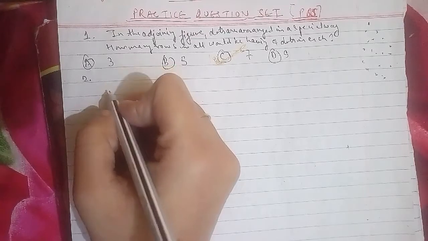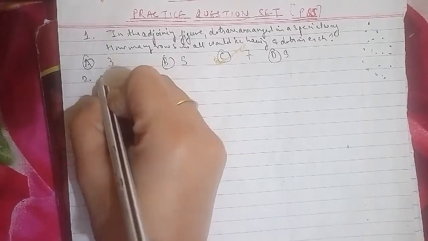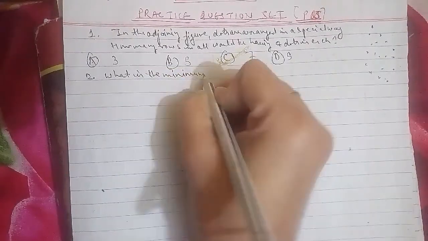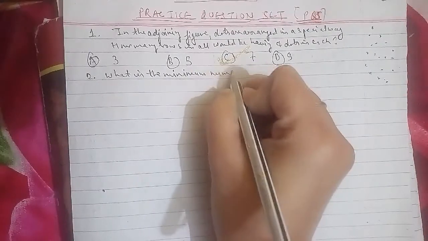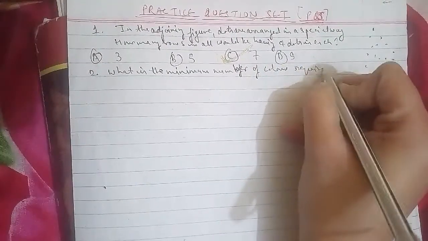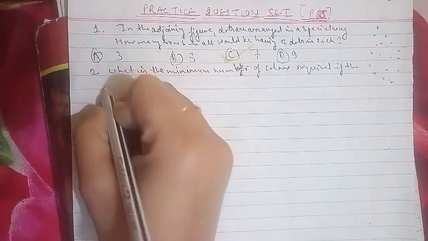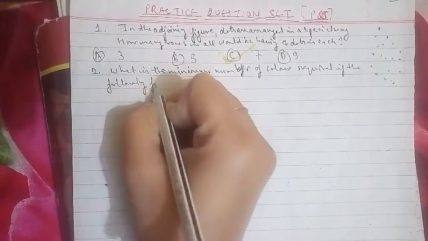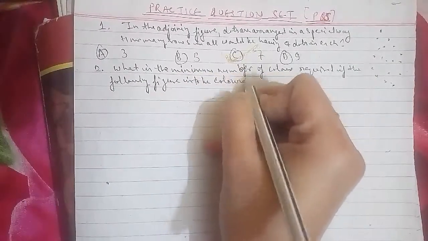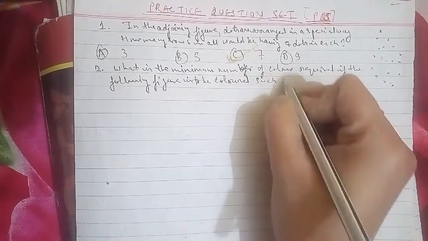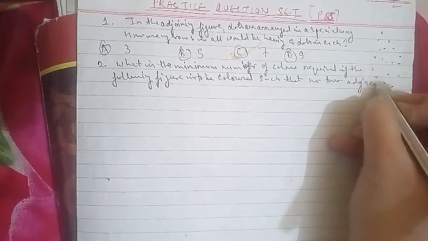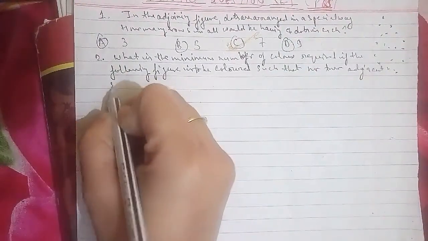What is the minimum number of colors required if the following figure is to be colored such that no two adjacent sides have the same color?